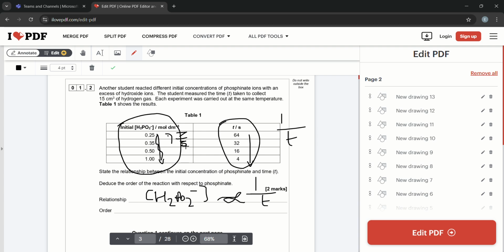If we do 0.25 times by 7 over 5, we get 0.35. 32 divided by 64, we times by a half. We're dividing by 2.